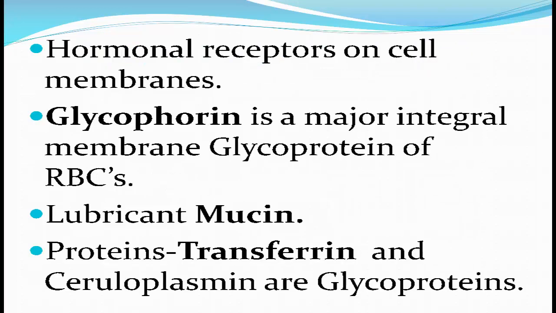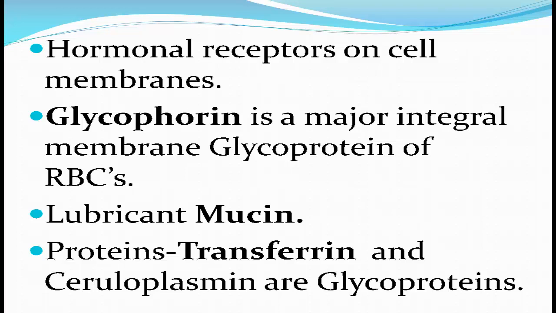Then there are many other types of proteins that are also glycoproteins. Some hormones are glycoproteins. Some hormone receptors are glycoproteins. Another very important membrane protein known as glycophorin is also a glycoprotein. The mucin, that is the main thing in mucus, that acts as lubricant, is also a glycoprotein. Its character is so similar to the proteoglycans and glycosaminoglycans that we were discussing.